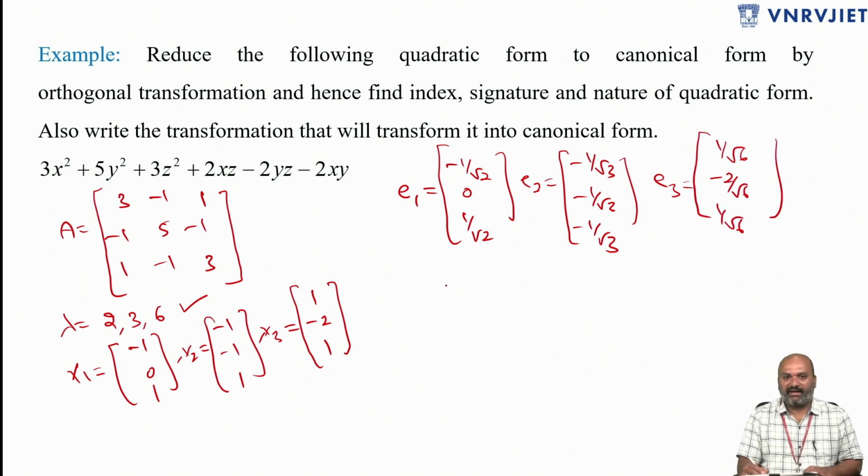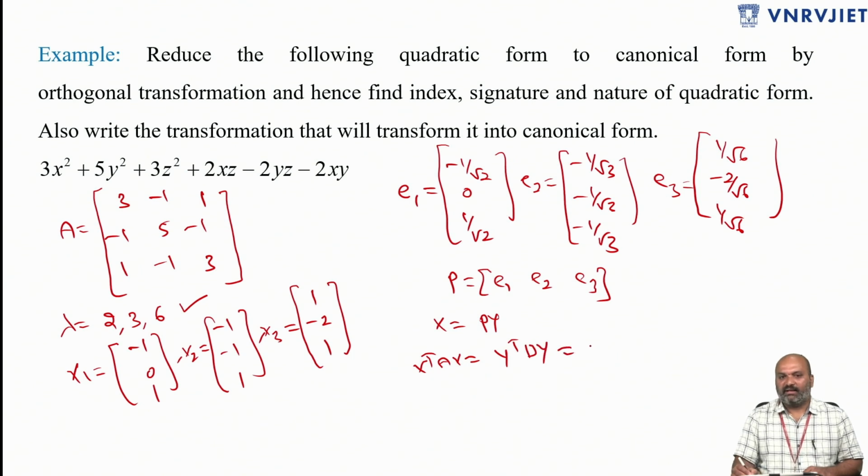Next, construct the model matrix P with the normalized eigenvectors as its columns. Then write the matrix transformation x equals Py, and then x transpose Ax equals y transpose Dy, which is 2y1 square plus 3y2 square and 6y3 square, which is the canonical form. All are positive.